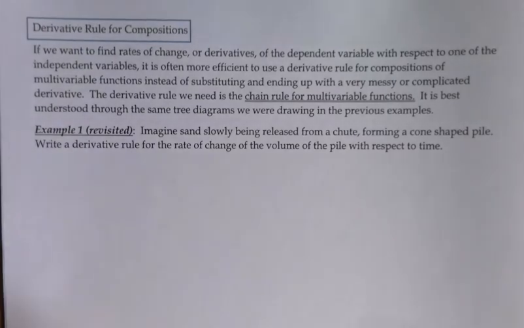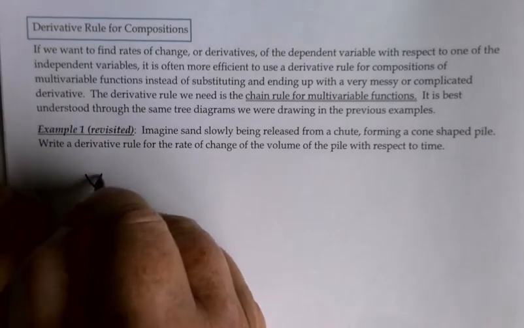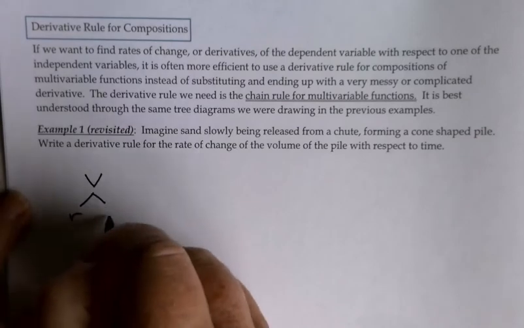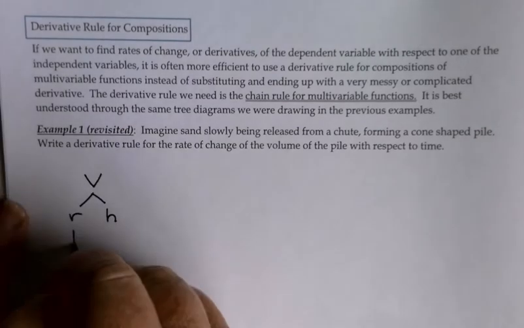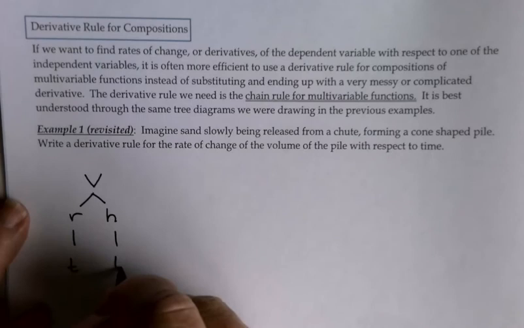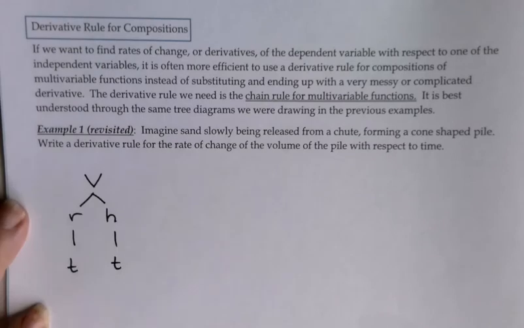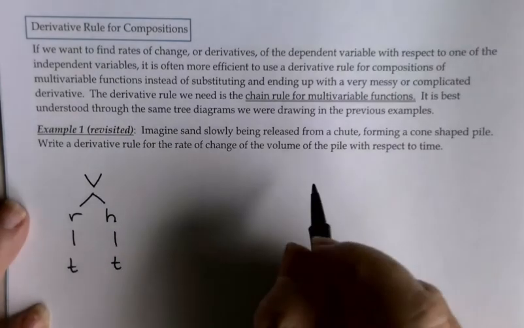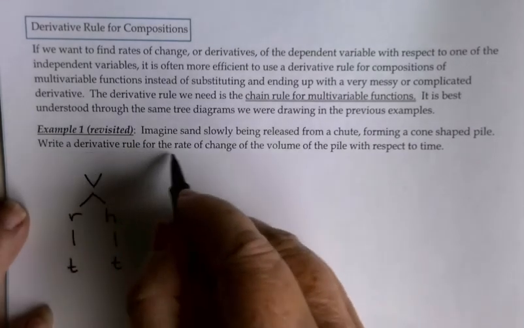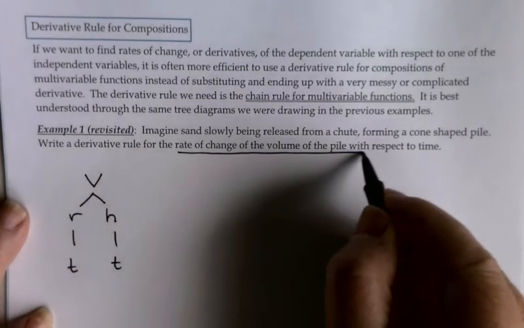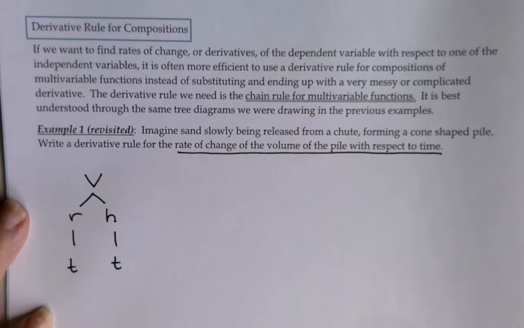So let's go back to our sand problem, where we said the volume depended on both radius and height, and then the radius and the height both depended on time. Ultimately, I'd like to find a derivative rule for the rate of change of the volume with respect to time.